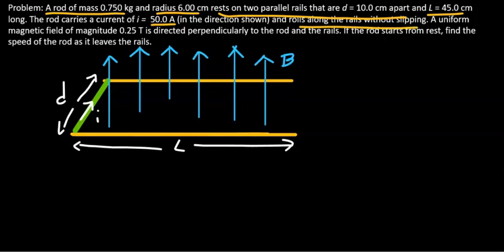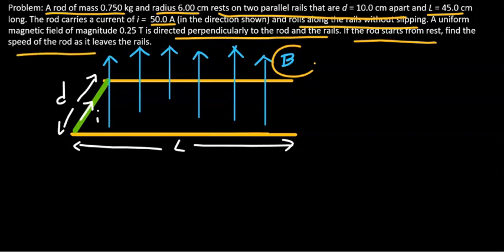A uniform magnetic field with magnitude 0.25 Tesla is directed perpendicularly to the rod and the rails. If the rod starts from rest, find the speed of the rod as it leaves the rail, which means when the rod gets to that position, what is the speed of that rod?